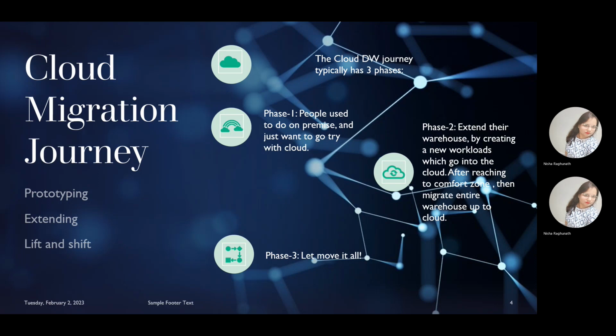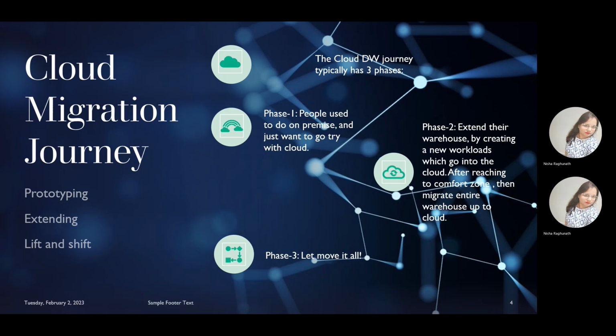Next is the extending phase. Here, they extend their data warehouse by creating a new workload which goes into the cloud after reaching the comfort zone we established in phase one. Then they migrate the entire data warehouse to the cloud. That comes to phase three, lift and shift.